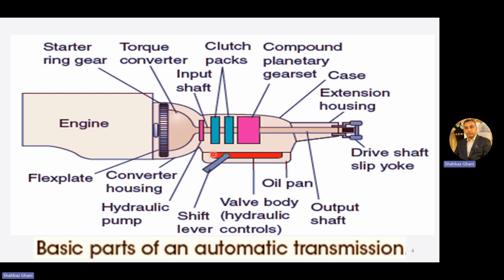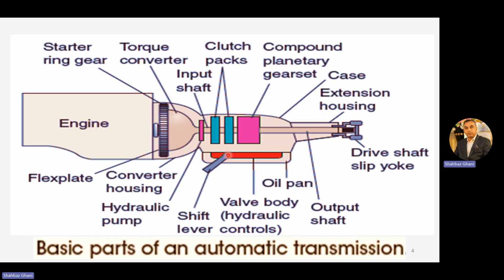Then we have this complete housing of the body, and we have a shift lever, the oil pan and hydraulic valve assemblies. From this compound planetary gear set, the shaft is going, that is the output shaft, and this is your extension housing, and this is your drive shaft or split yoke, which gives drive to your wheels.